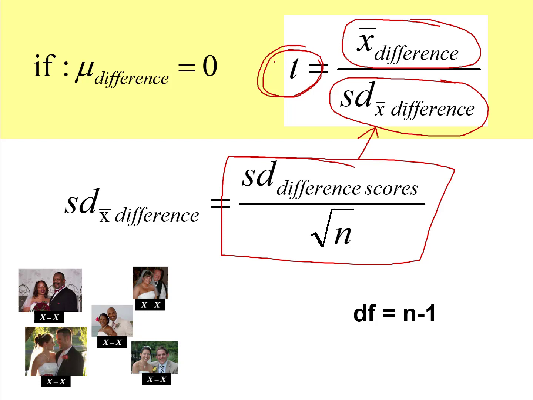To determine the probability of your t-value, we can look it up on a t-table, as I'll show you how to do in the lecture add-on videos. We can also use a t-calculator or software to calculate the probabilities of our t-values. But however we do it, to get the probability of a t-value, we need two things.